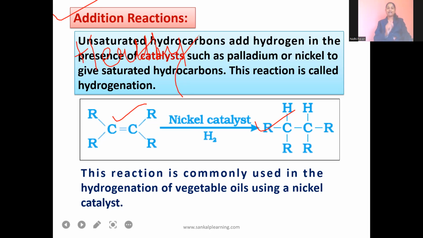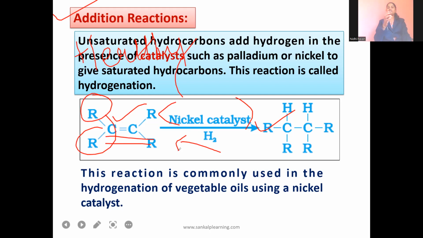As you can see in the reaction here, it is an alkene, right? Alkene attached to some functional group. R indicates a general functional group. In the presence of nickel catalyst, they add hydrogen.